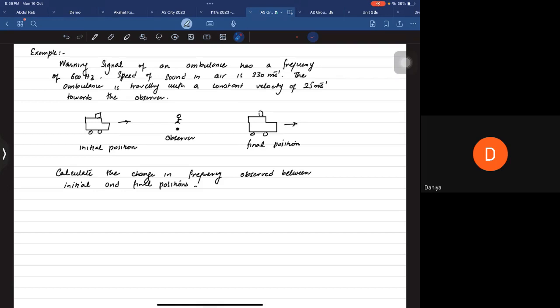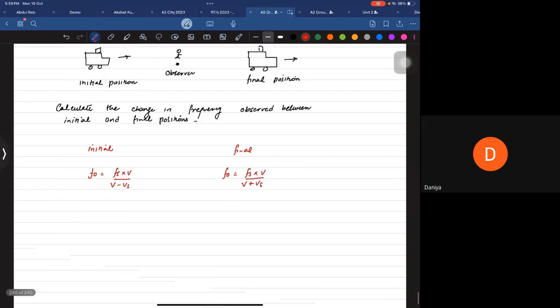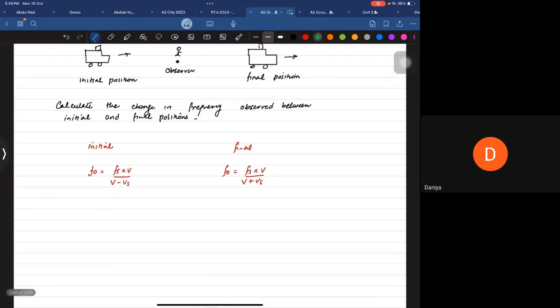For the first position, because it's moving towards, we write F naught equals Fs times V over V minus Vs. For the final position, F naught equals Fs times V over V plus Vs. So that's 600 times 330 divided by 330 minus 25, and 600 times 330 divided by 330 plus 25.